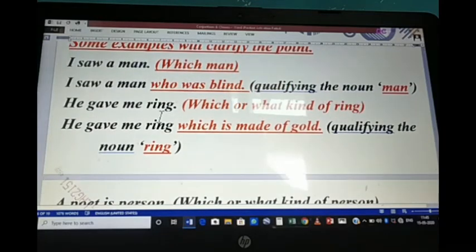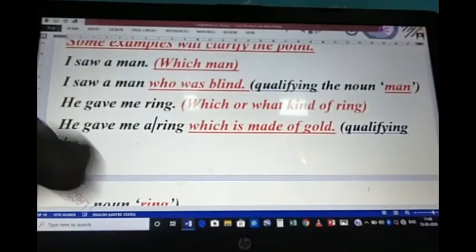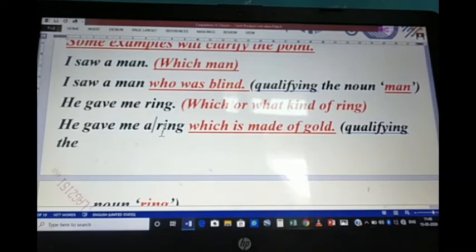He gave me a ring. Which or what kind of ring? He gave me a ring which is made of gold.